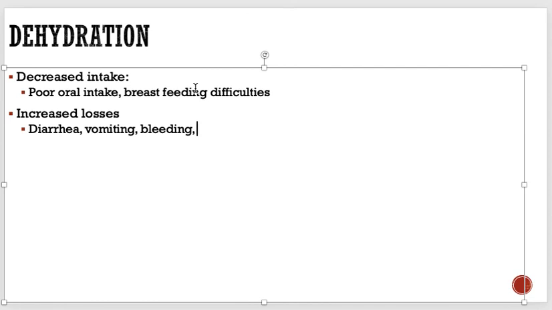So you can say these are the GIT losses which the babies may have in the form of diarrhea, vomiting, and bleeding. Fever is one of the conditions when there are increased losses. Burns can be there.